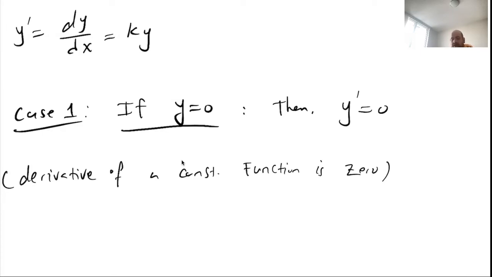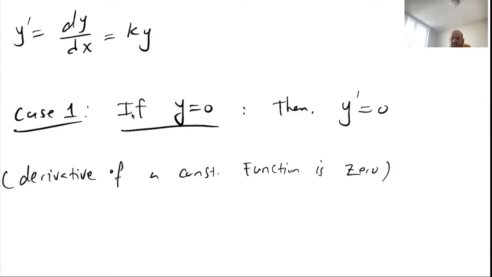So you may ask me, how come we are saying that y equals 0? This is a number, not a function. Well, the answer is, when we say y equals 0, we mean it as a function, which would mean the constant function, not as a number.